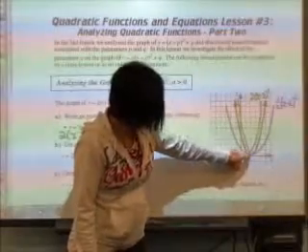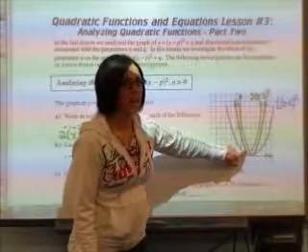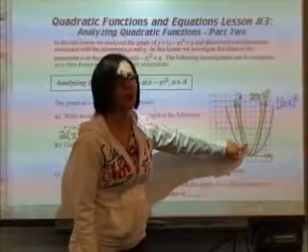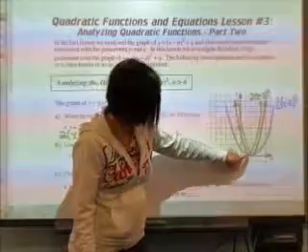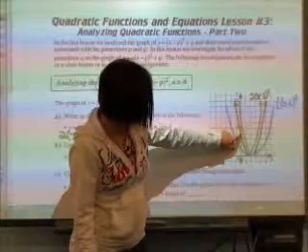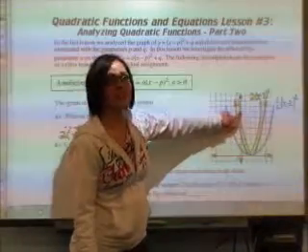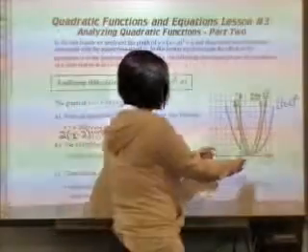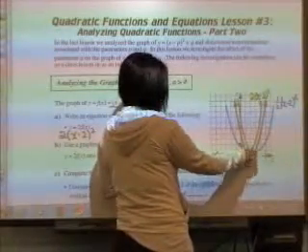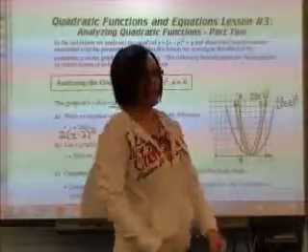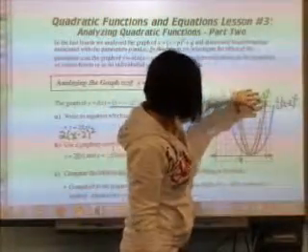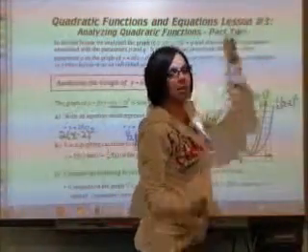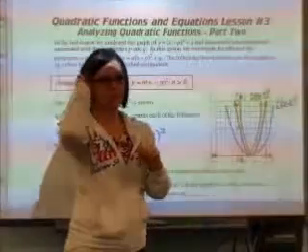The y value that was at 1 in my green graph is actually at 2. It's twice as high. My y value that was at 4 is now at 8. It's twice as high. So it's like I stood right here on the vertex and I grabbed this graph and I pulled it up. And when I pulled it up, it caused it to get skinnier.